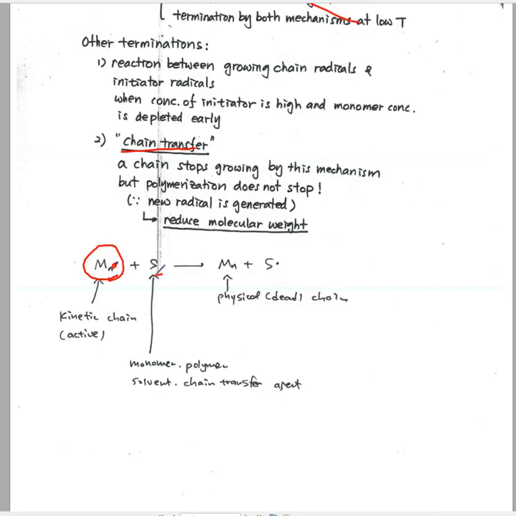It can react with any species, including monomer, polymer, solvent, or some other chain transfer agent. The radical is transferred to that species, and the growing chain just dies, a dead chain. From this new radical, another polymerization process can start. If we experience more chain transfer, it will tend to reduce the overall average molecular weight.